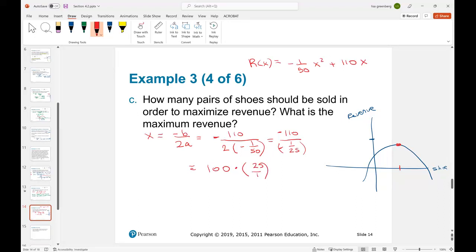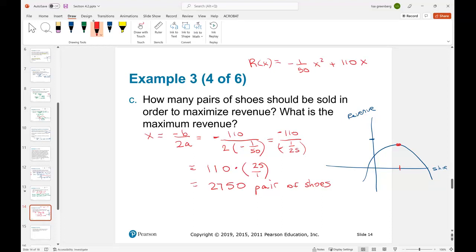Okay, so now we know that that answer is going to be, sorry, this is 110. So my answer is going to be 110 times 25, which is 2,750 pairs of shoes.